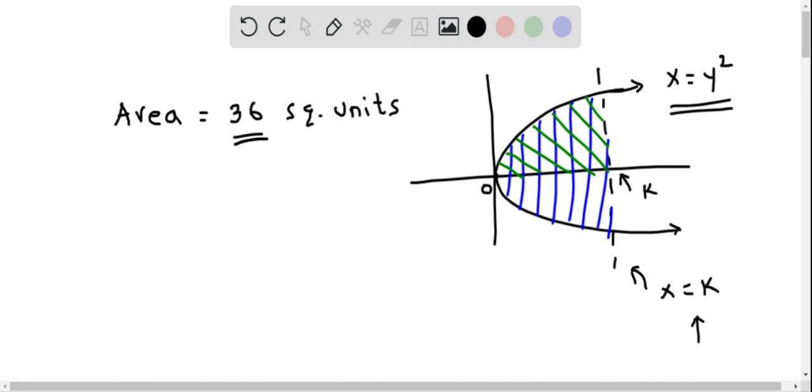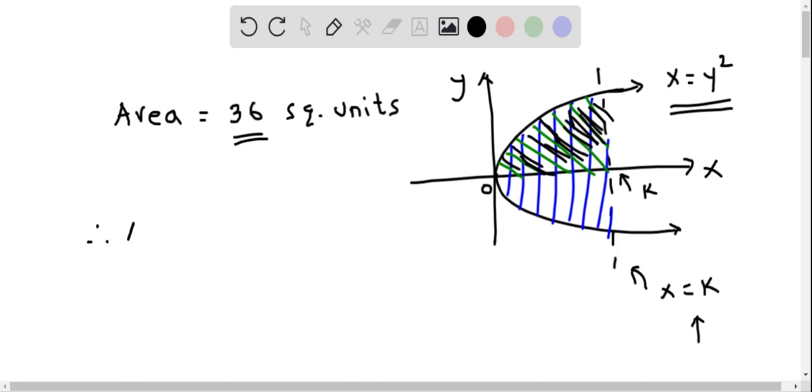We can determine this complete area by just calculating the area of the region just above the x-axis. This is the x-axis and y-axis. We just have to calculate the area of this region only and multiply by 2, because down below we have the same symmetrical area, since the curve x equals y squared is symmetrical about the x-axis.